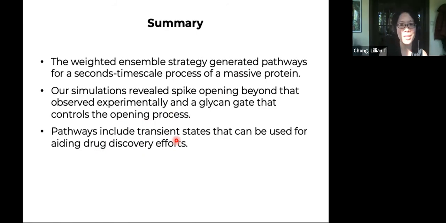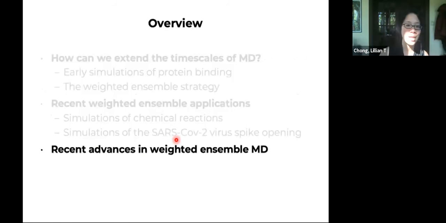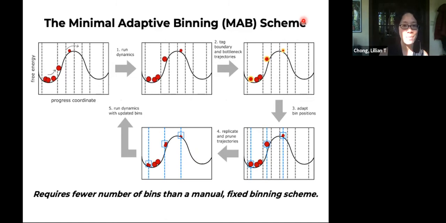All right, so I wanted to just wrap up here now with recent advances in weighted ensemble MD. One scheme that my lab has recently developed is for adaptively placing the bins along a progress coordinate instead of just manually using fixed binning schemes that we adjust on the fly.